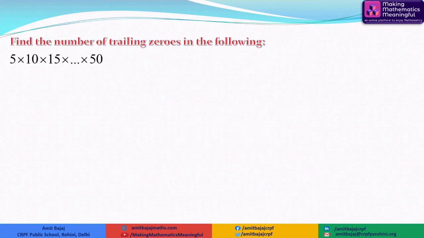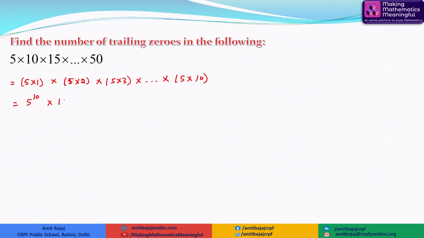Consider another question: 5 into 10 into 15 up to 50. So the initial step of course will remain the same. It's 5 into 1, then 5 into 2, then 5 into 3 up to 5 into 10, which equals 5 power 10 into simply 10 factorial.